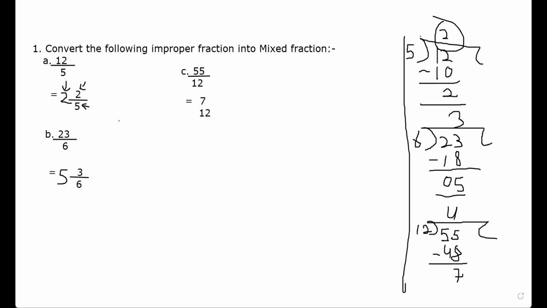Now, what quotient? Quotient is written in here. So we can read this 4 whole numbers 7 upon 12. This is the process through that we have to convert all the improper fractions into mixed fractions. My dear student, write down if you want to write.